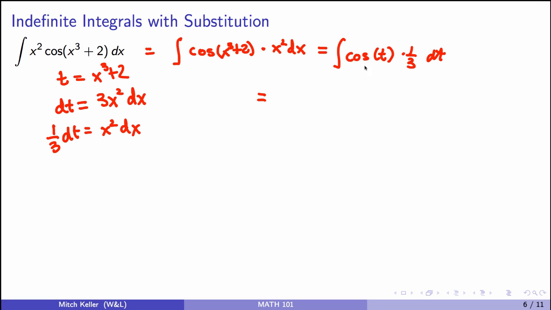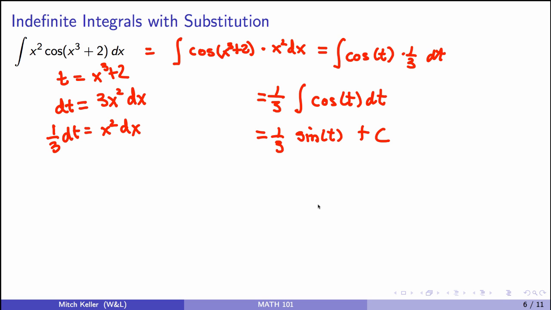Now I'm going to take this constant and use our constant multiple rule for integrals and pull that past the integral sign. And now we're saying we need the most general antiderivative for cosine of t dt. And we know that that's sine of t, plus we need a constant out here.